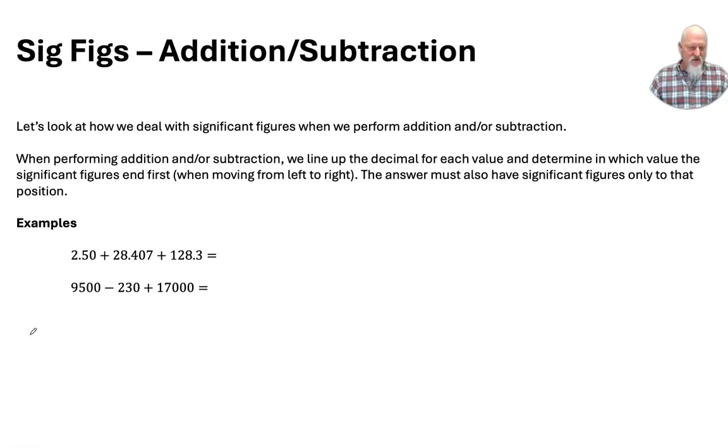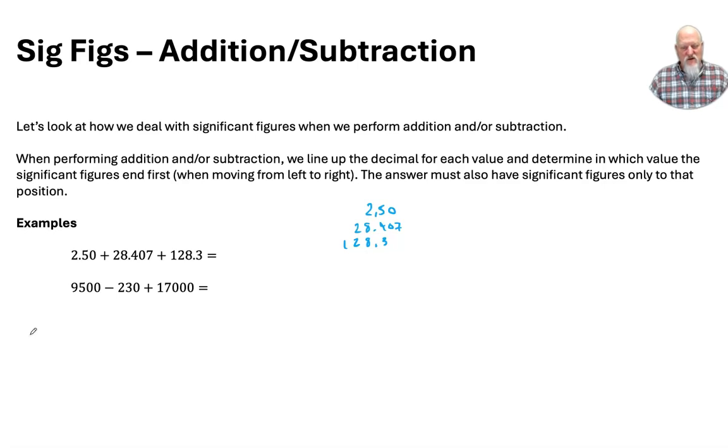My example is 2.50 plus 28.407 plus 128.3. I'm going to write these vertically: 2.50, 28.407, and 128.3. What I've done is lined up the decimals. Now I'm going to go left to right.